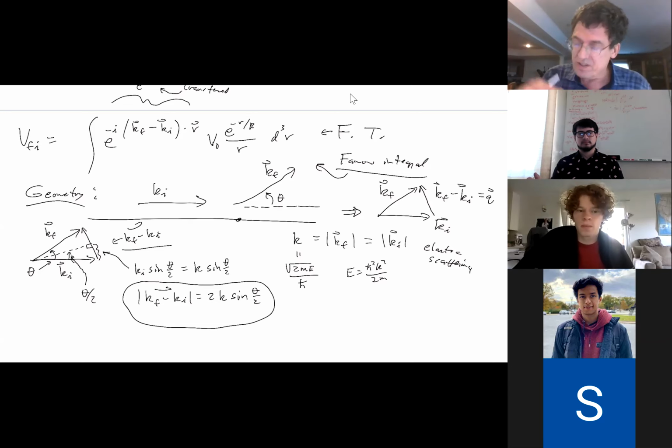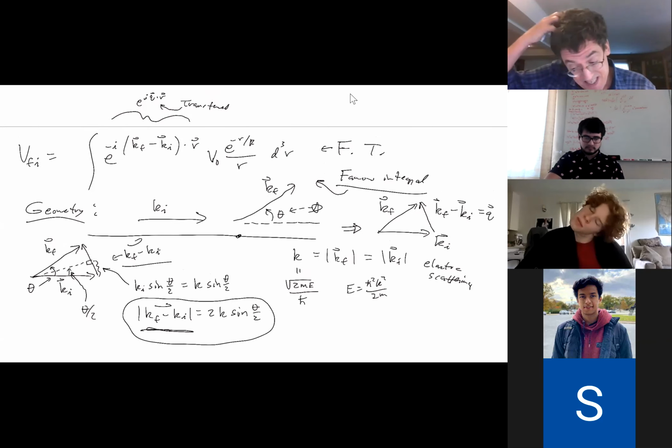Now that I show it to you, you can see it's just a geometrical construction. So obviously the length of kf minus ki is 2K sine theta over 2, where theta is the scattering angle. It's the scattering theta.